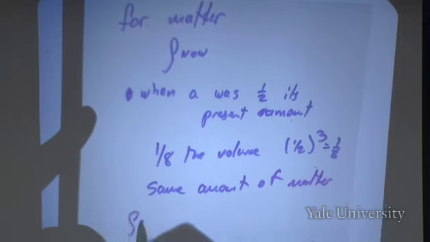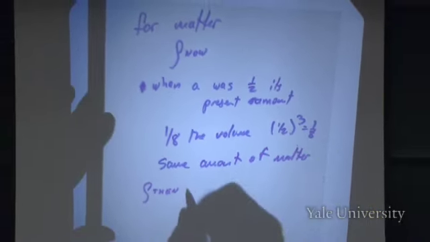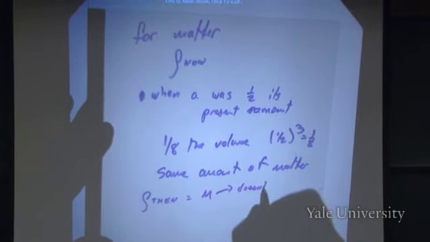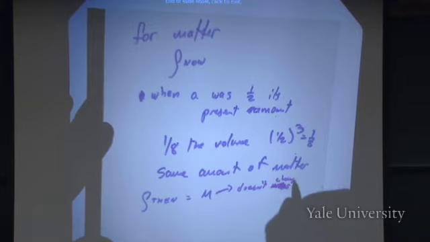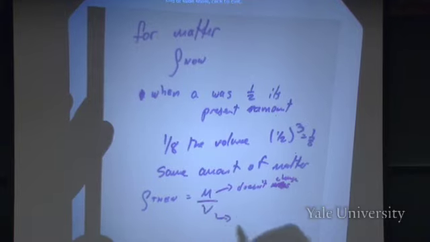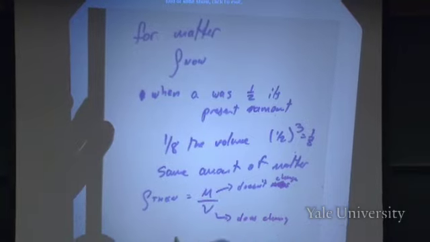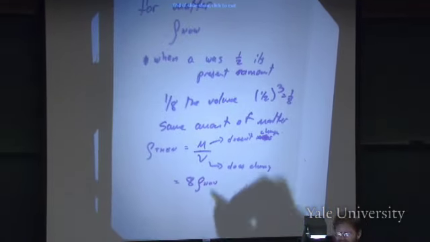So rho then was, which is equal to mass, which doesn't change, because there's the same amount of mass in the universe, divided by volume, which does change. So it has to equal 8 times the density now.